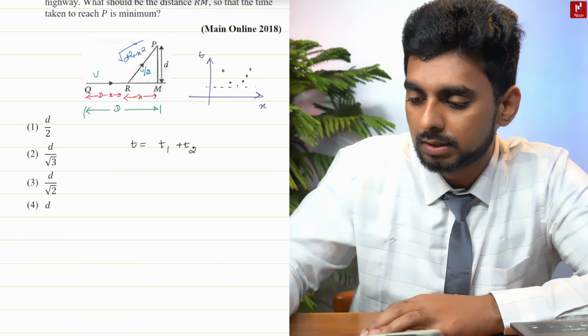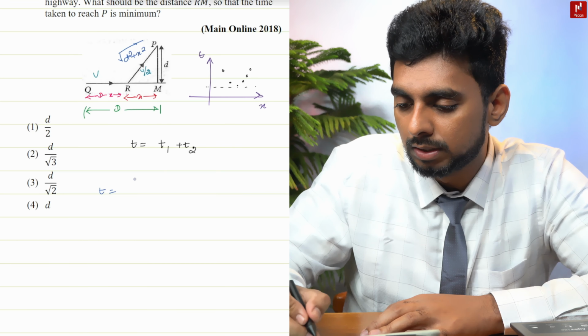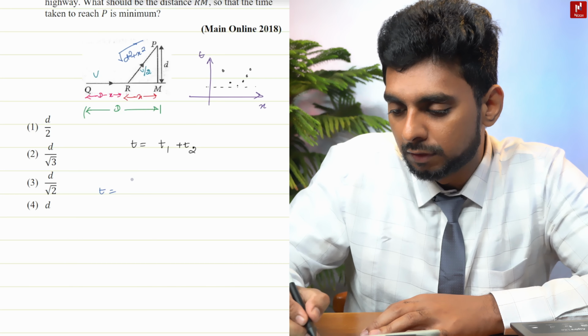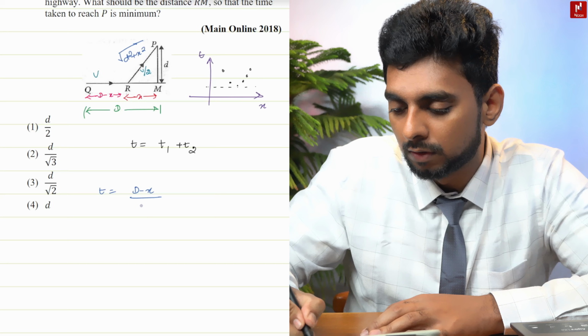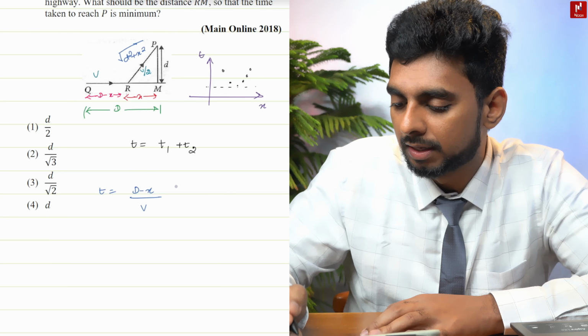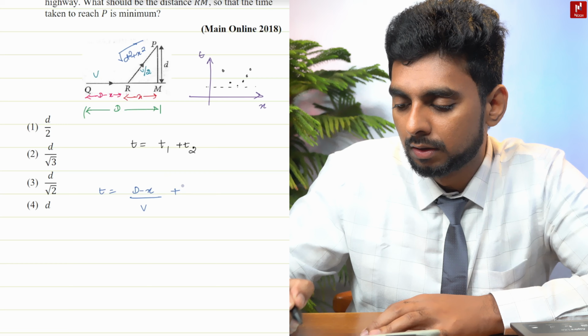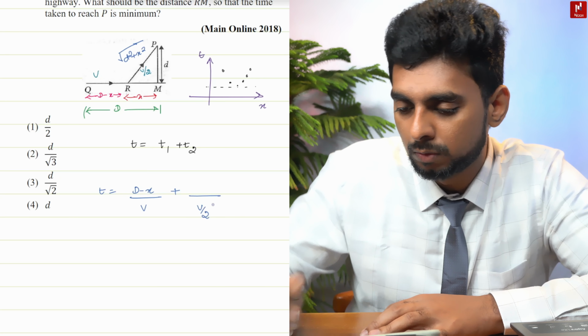So t will be equal to, what was the distance over there? It was D minus x for the first condition, where D is actually a constant, divided by the velocity. Initially the velocity on the highway was equal to capital V, but in the case of the farm field, the velocity was V divided by 2. What was the distance over there?